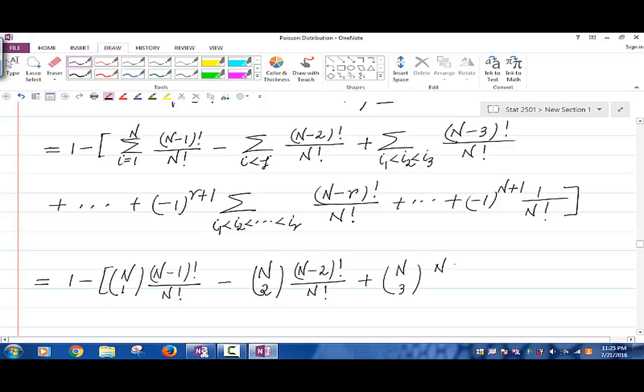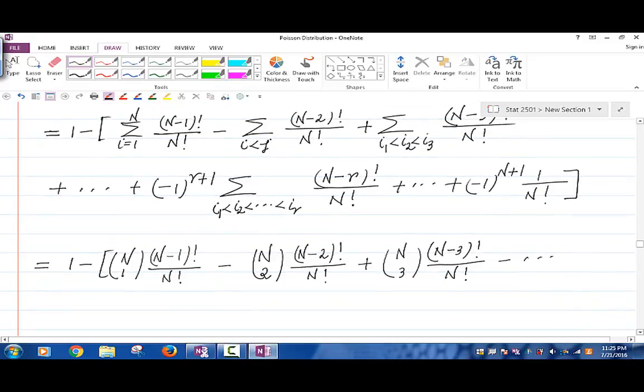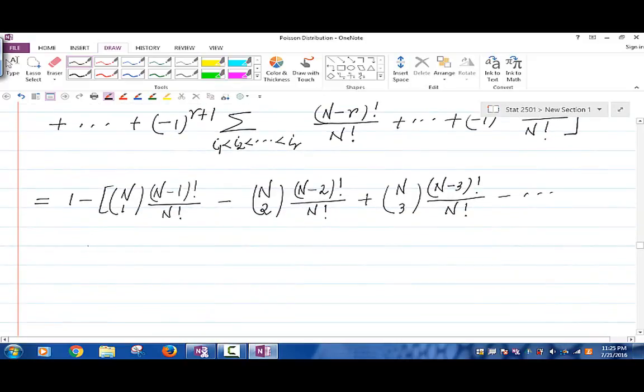There are N choose 3 summands in the third sum, and each one is (N-3)!/N!, ... the rth sum (-1)^(r+1), there are N choose r summands there.